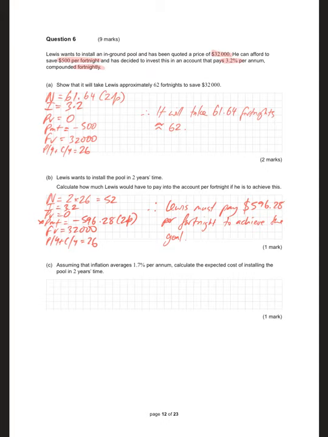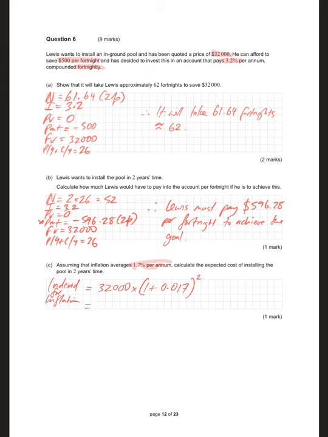Assuming inflation averages 1.7% per annum, calculate the expected cost of installing. So value indexed for inflation is equal to, the cost currently is 32 grand, but we want to see what happens if it's inflated. 1 plus 0.017, the inflation rate as a decimal, to the power of 2 years.